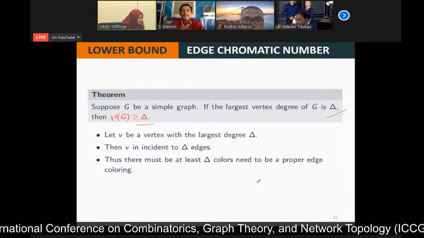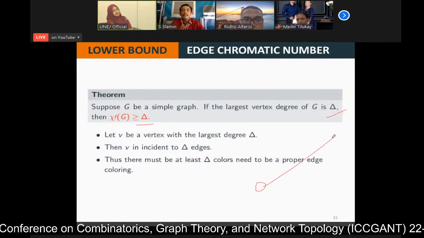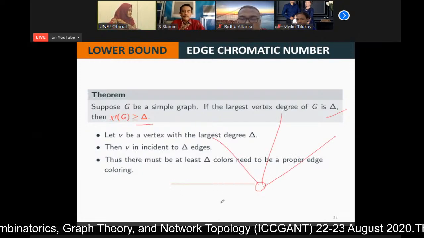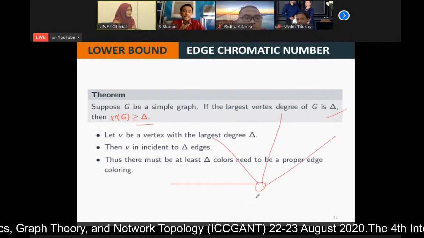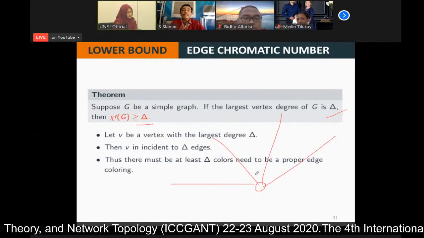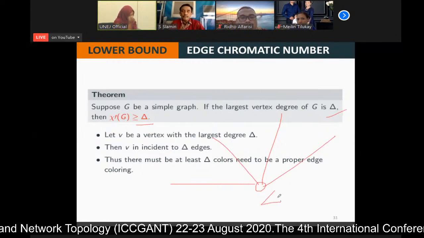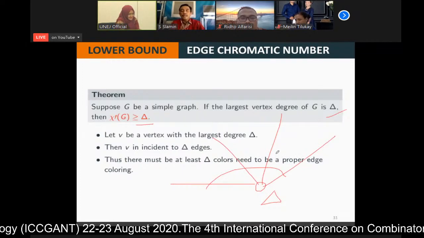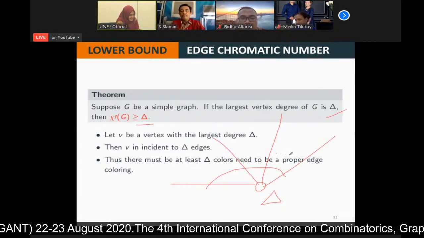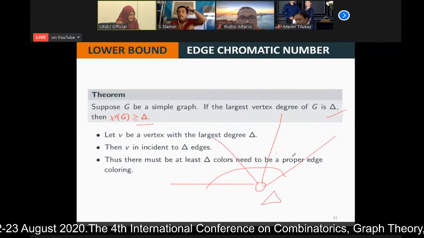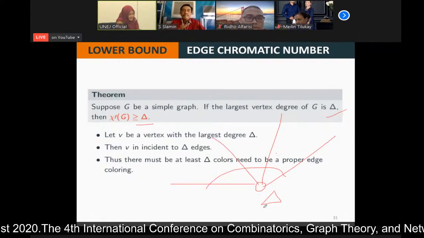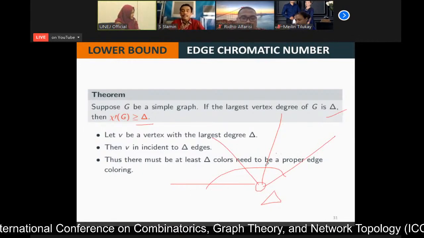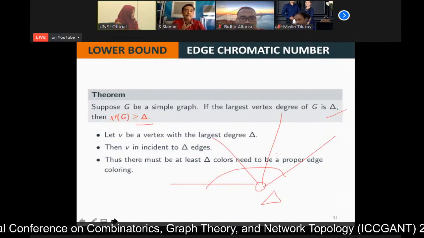Imagine a vertex with the largest degree, suppose this one is the big delta. The number of edges incident to the vertex is equal to big delta, so they must have different colors. So the number of colors must be at least big delta.